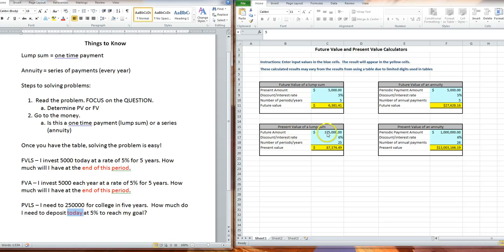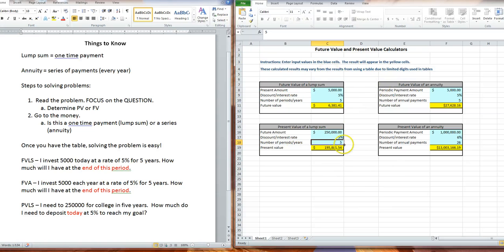So I would go in here, and the first thing it asks me is the future amount. Well, I know the future amount. I need $250,000. The interest rate, 5%. Number of years, 5 years. This is the amount that I would need to deposit today so that I would have that amount in 5 years.